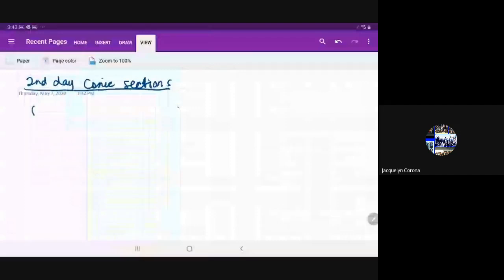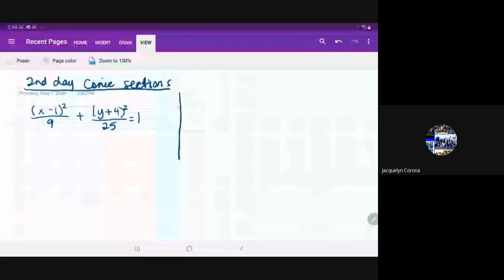So we're going to compare this one, (x minus 1) squared over 9 plus (y plus 4) squared over 25 equals 1. Okay, and we're going to compare that to the same equation, but with a minus.